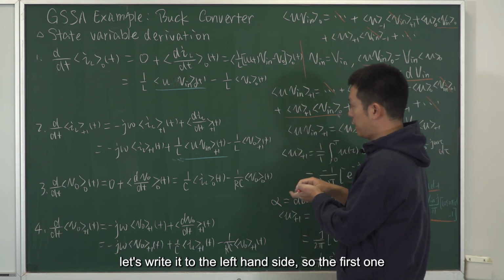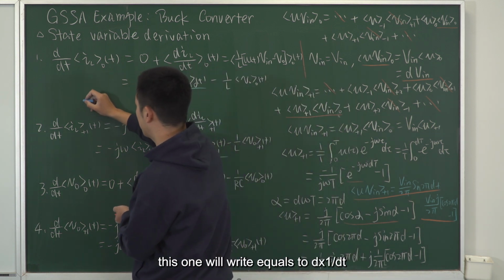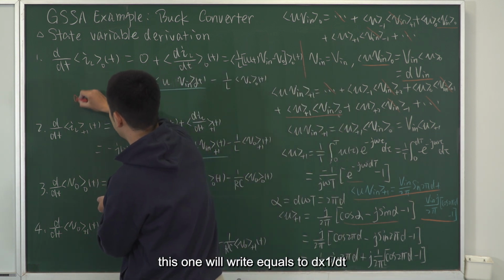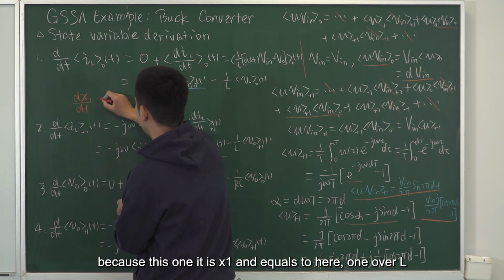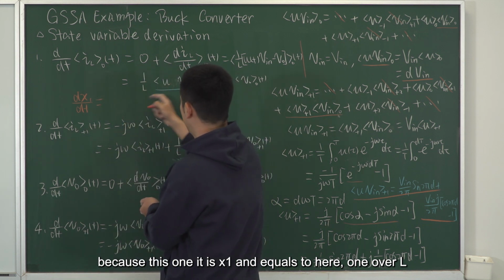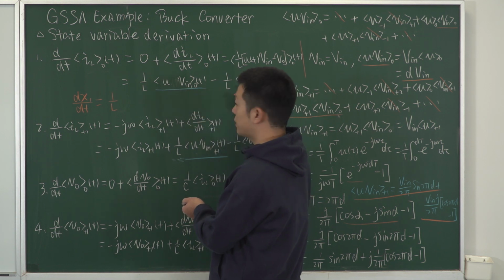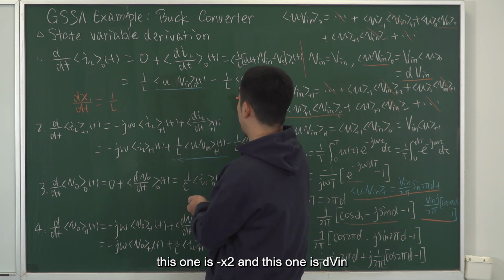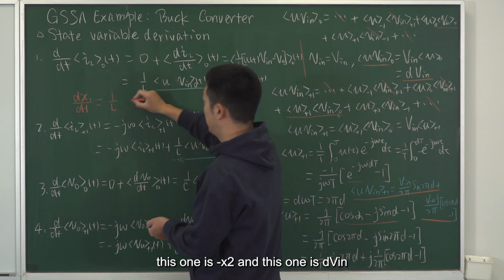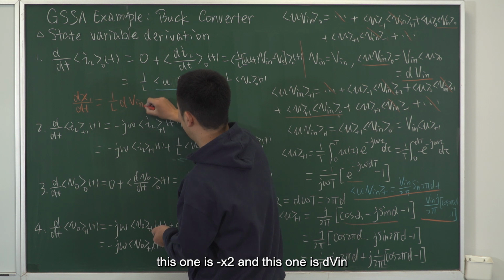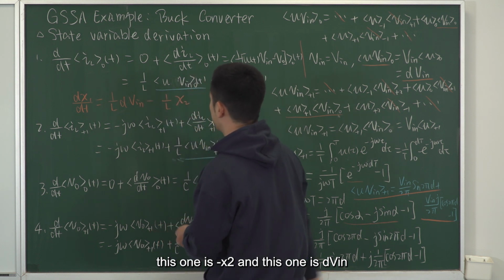So let's write it to the left-hand side. The first one will equal d x1, right? Because this quantity is x1. And equals 1 over L times, this one is minus x2, then this one is d v in. Minus x2.